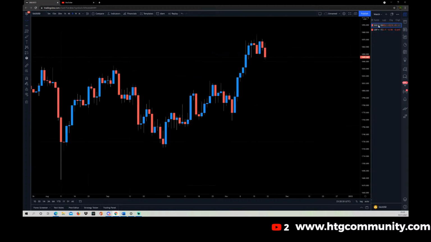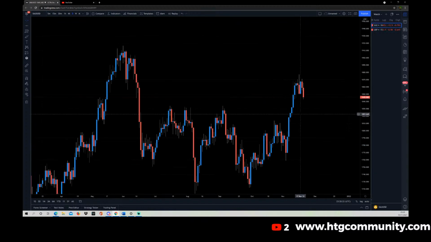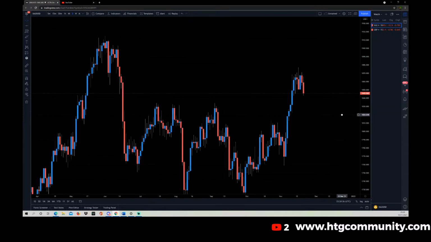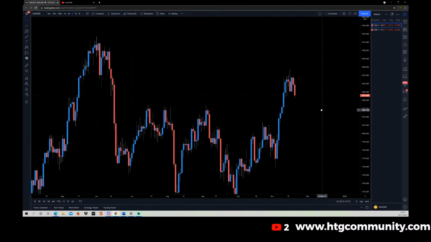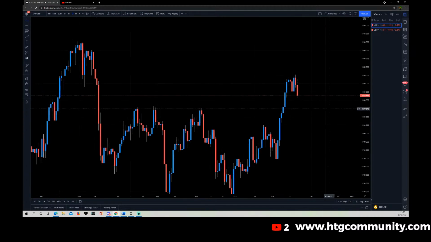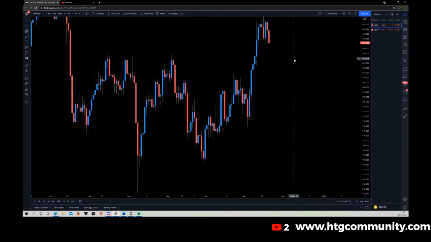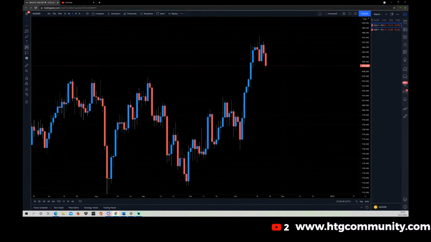But when it comes to forex, I think interest rates is definitely one of the most important things that you want to understand, or at least have a basic knowledge around, and more importantly, understand how it affects the forex markets. If you don't do that, then I think you're putting yourself at a disadvantage.